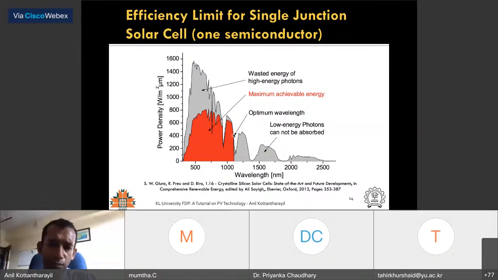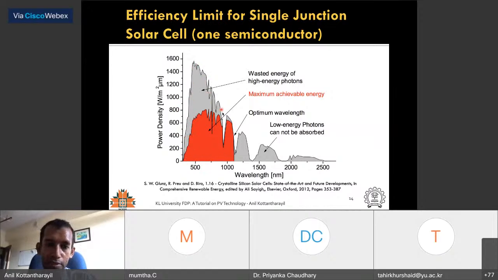Out of this, you can see here it can 100% be absorbed in theory, but as you go to lower wavelengths, of course, you have more fraction lost, because as you're going in this direction, wavelength is decreasing, the photon energy is increasing. So you lose more and more energy because of the thermalization losses here. The maximum you can achieve using a silicon solar cell is what is shown in this red.